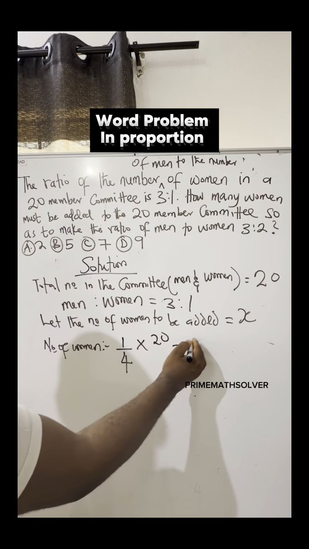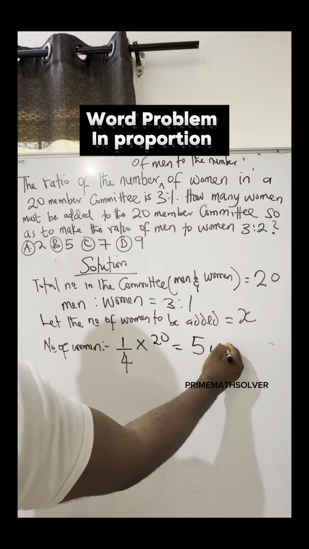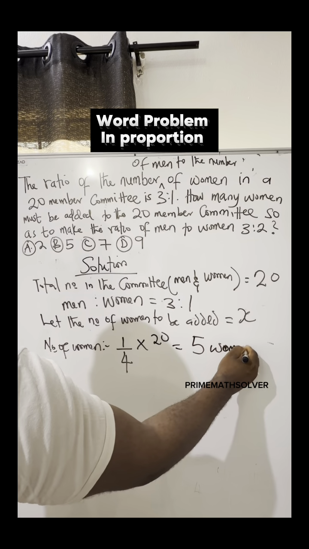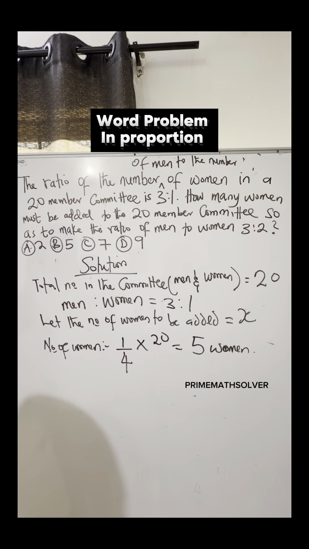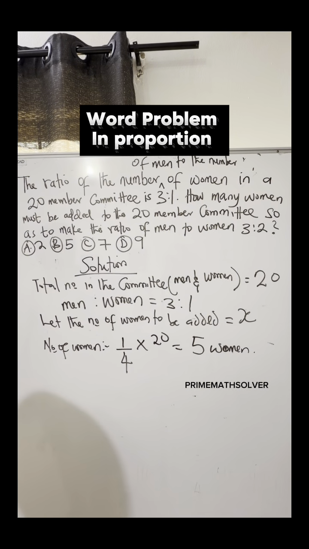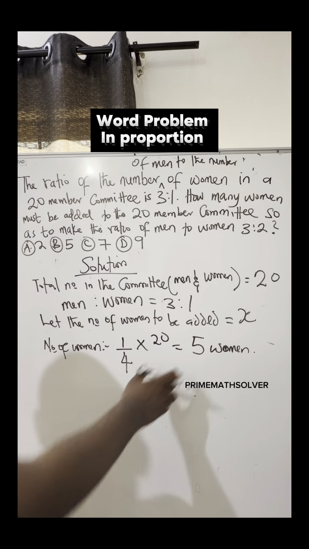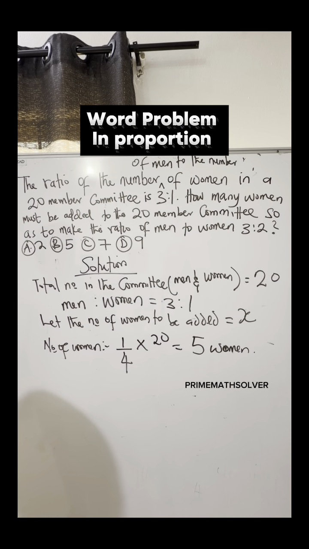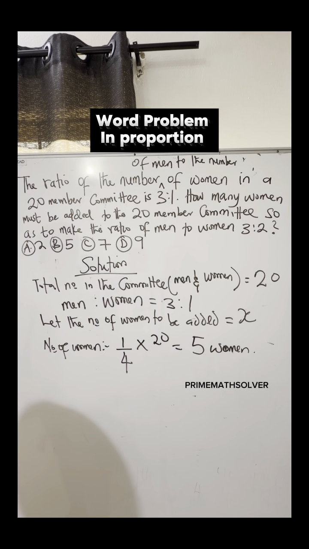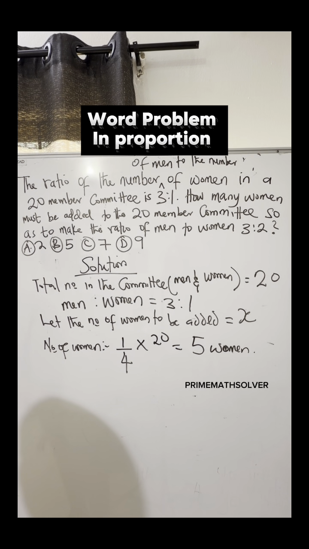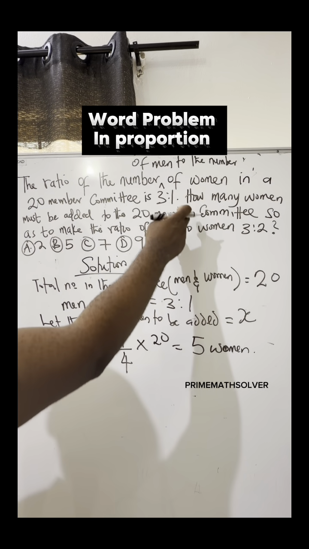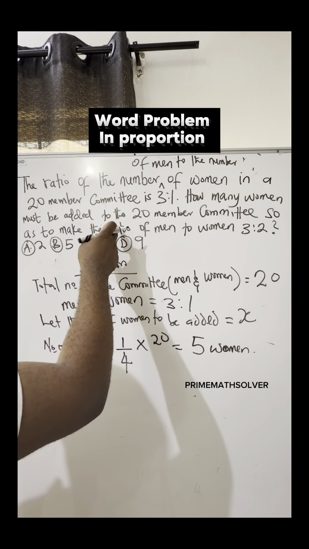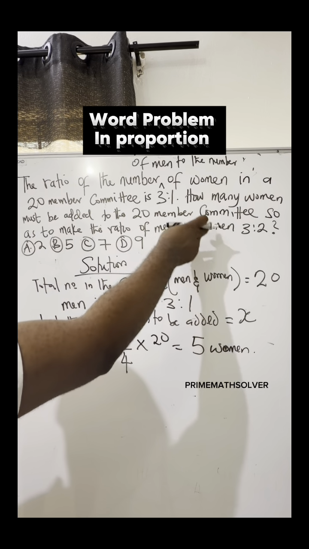So in this question, they're only telling us that we have 5 women. This is not the answer. Don't go and pick 5. What the question just says is that we have 5 women. They gave us in ratio, but we've converted it to what the actual is. Now, total number of members in the committee. They are now saying how many women must be added to the 20-member committee.